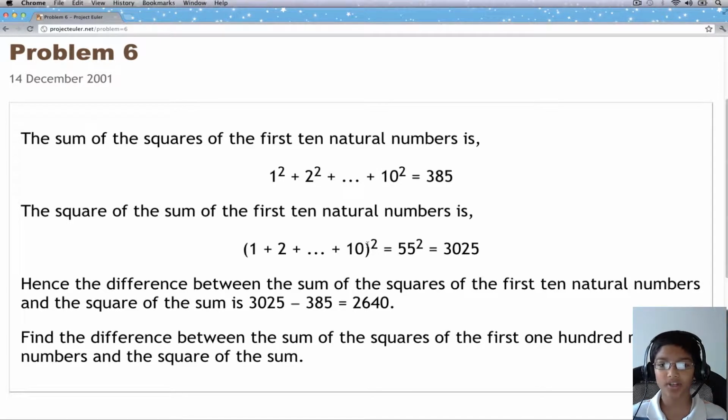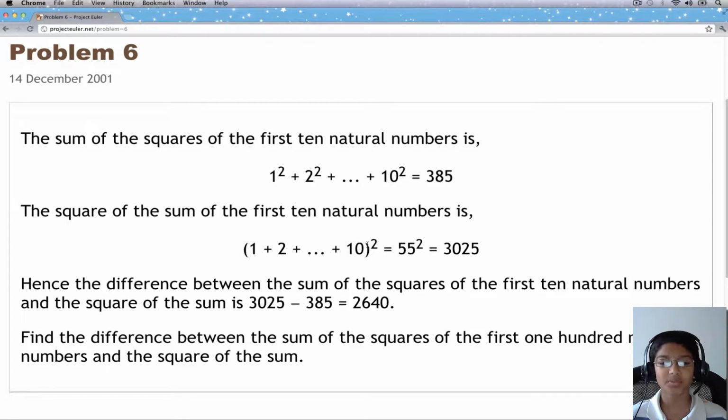The sum of the squares of the first 10 natural numbers is 1 squared plus 2 squared all the way up to 10 squared, which equals 385. The square of the sum of the first 10 natural numbers is (1 plus 2 all the way up to 10) squared, which equals 55 squared, which equals 3025.